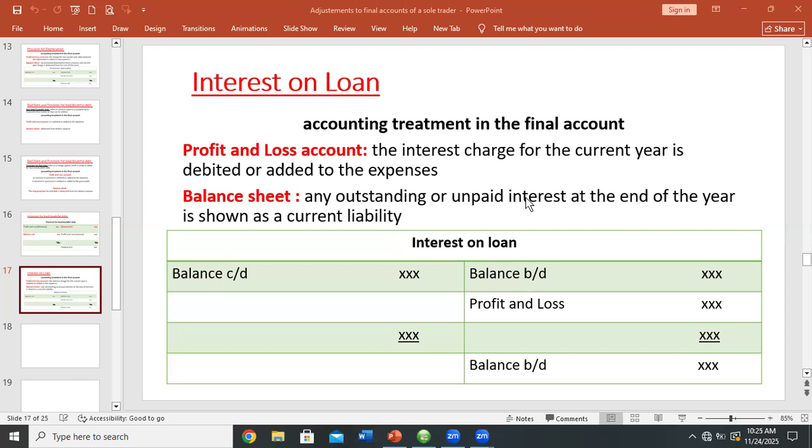So for the interest on loan, you always have to satisfy yourself whether the business has paid something or hasn't paid anything. In cases where the business has made some payment, you need to know how much is outstanding to take it to your balance sheet. Okay, so this will be the 7th.